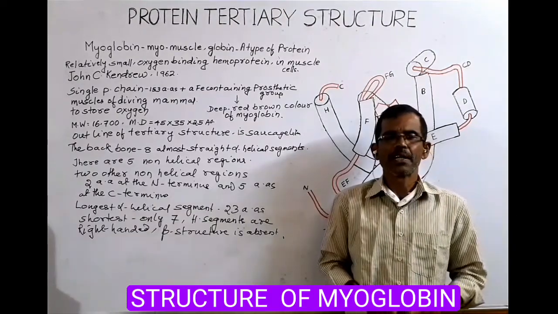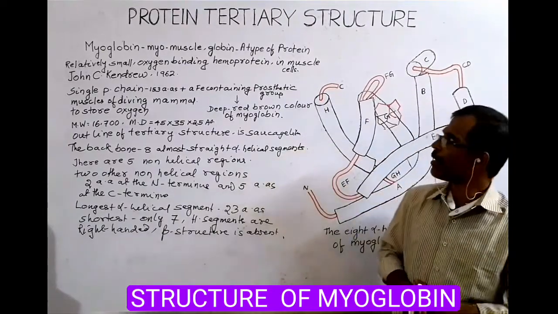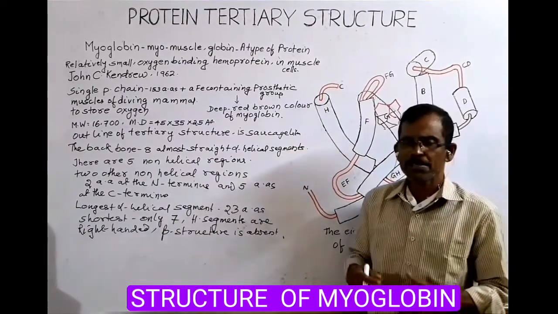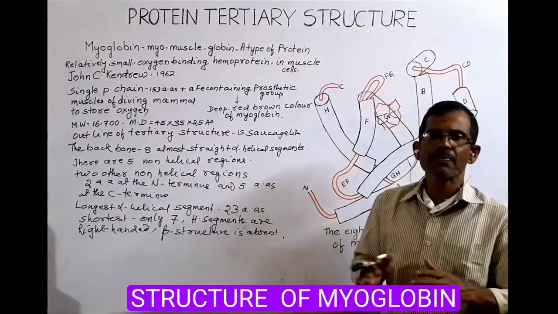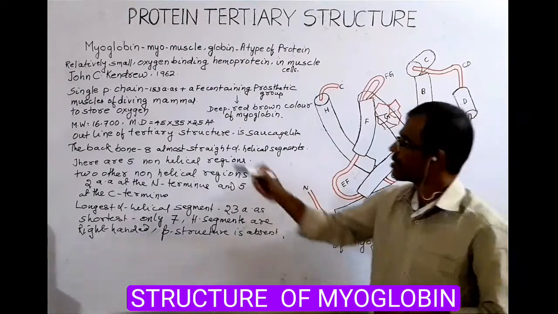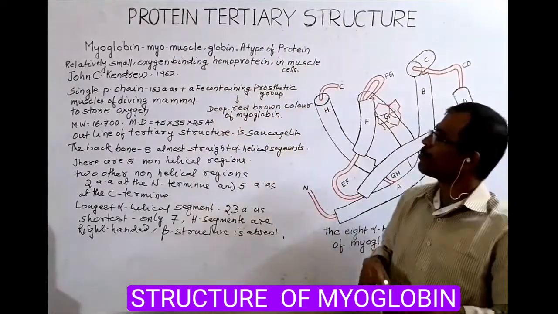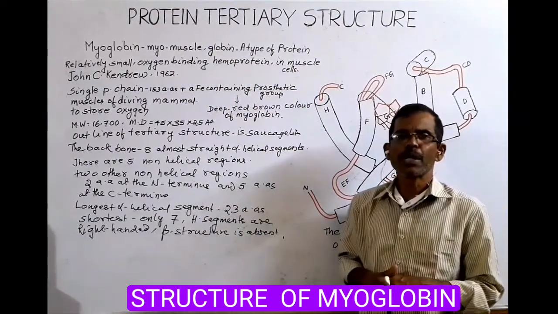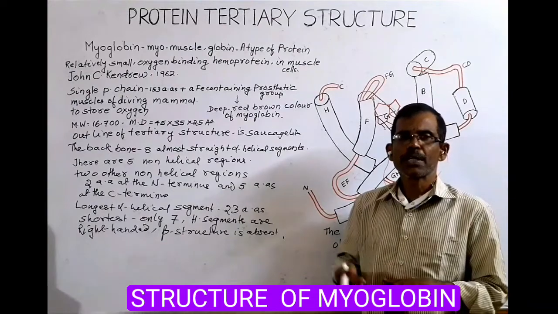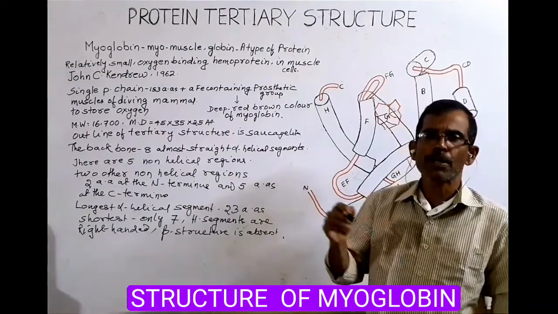Myoglobin is a relatively small oxygen binding hemoprotein present in the muscle cell. The term myoglobin is derived from two Greek words. Myo means muscle, globin means it is a type of protein. Myoglobin is a conjugated protein, so it consists of a protein part and a non-protein part.